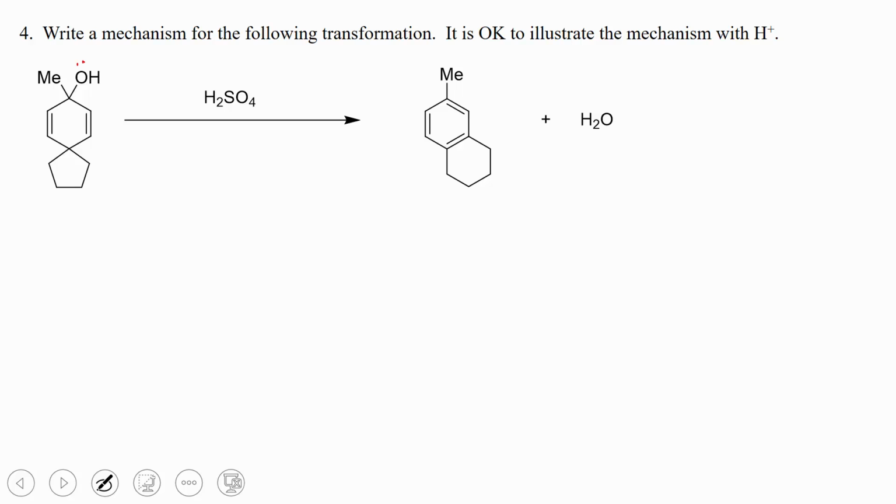This is just a carbocation rearrangement problem, but it's resulting in an aromatic compound, so it's a little bit more favorable than some that we've already seen. All right, so this is going to start off just like any other reaction of an alcohol with strong acid. We're going to protonate the alcohol.